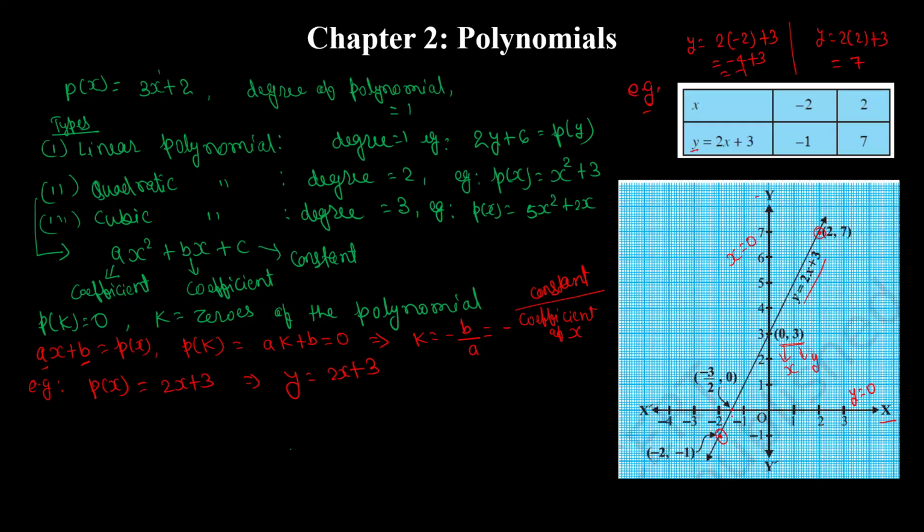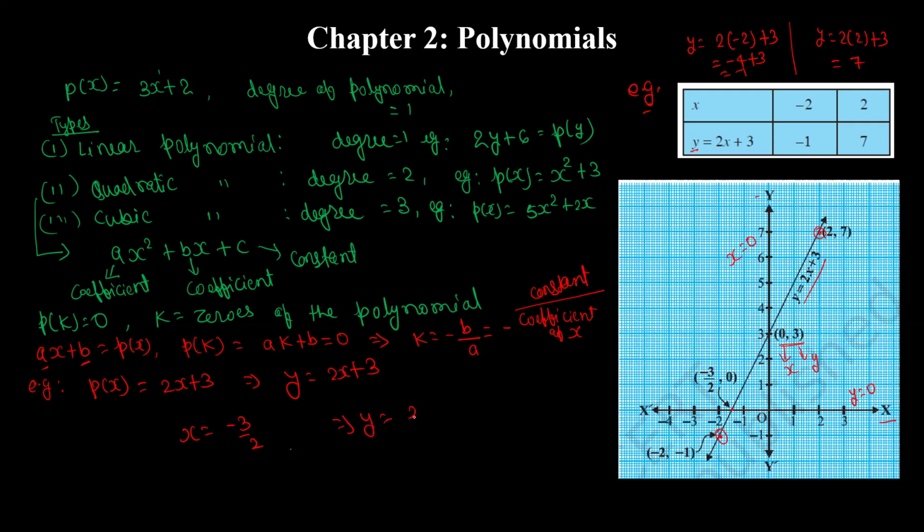Now if you see, for this linear polynomial, where the graph is going to cross the x-axis, that will become the zero of this polynomial. So here, if you substitute x equal to minus 3 by 2, then see what is the value of y.